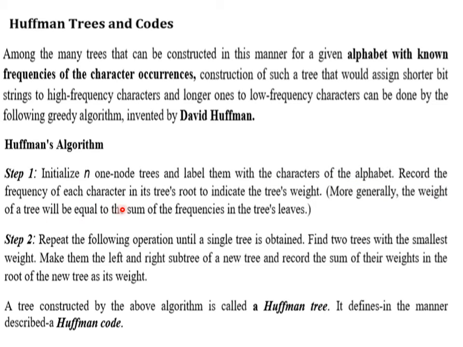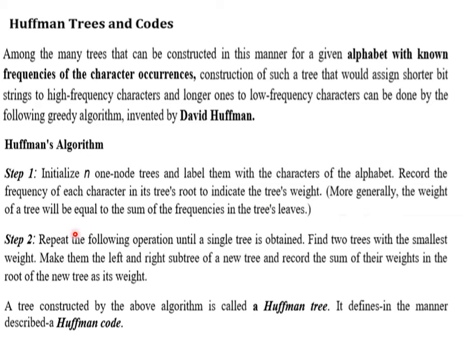Record the frequency of each character in its tree's root to indicate the tree's weight. So inside the node we write the frequency; each root indicates its frequency, that is its weight.